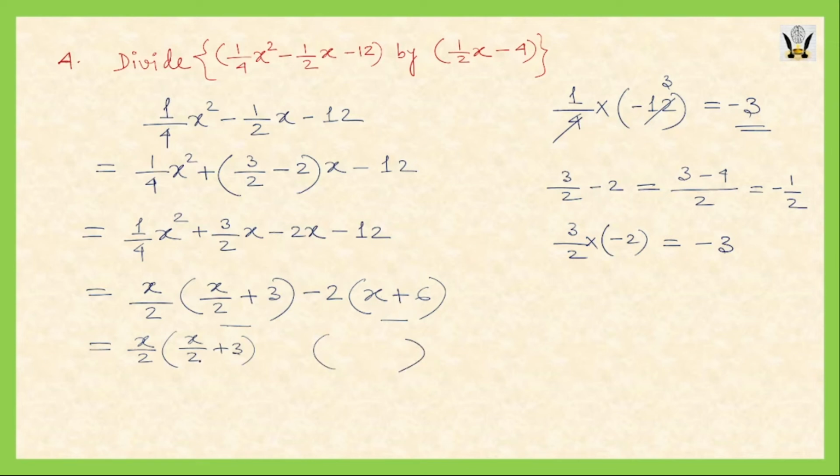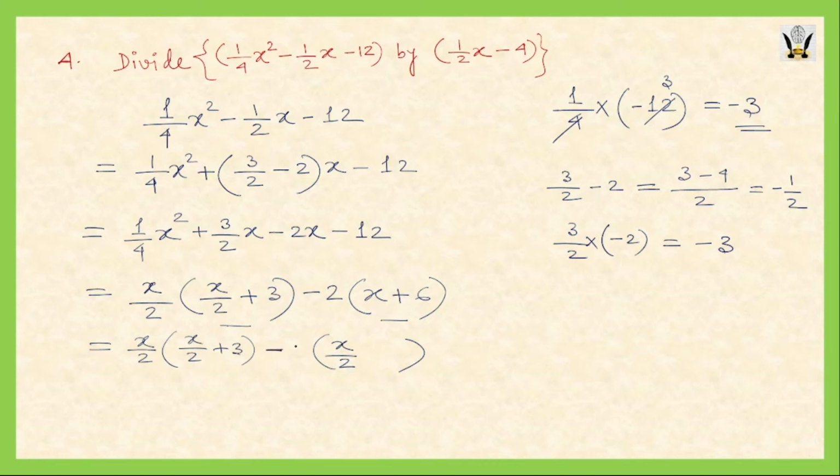So from x, how can we obtain x by 2? Let's write x by 2 first here, and if we multiply this x and minus 2, the result is minus 2x. Now we have to multiply x by 2 by such a term so that the result of multiplication will be again minus 2x.